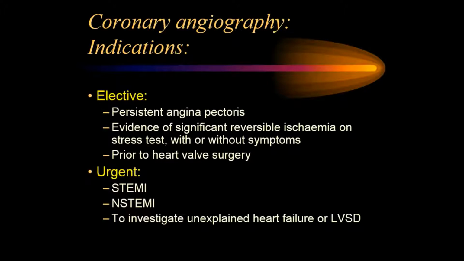And evidence of significant reversible ischemia on stress testing, like MyoView or exercise treadmill, or cardiac MR scan, with or without symptoms. Often it would be with symptoms, otherwise the test wouldn't be done in the first place.